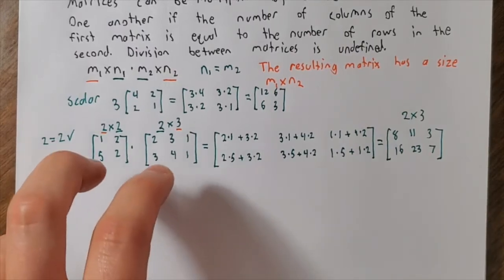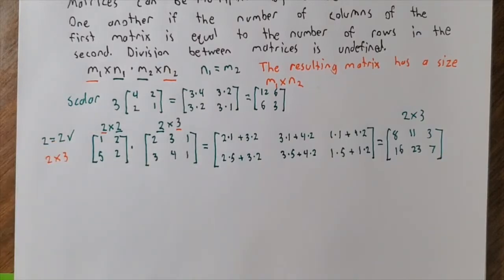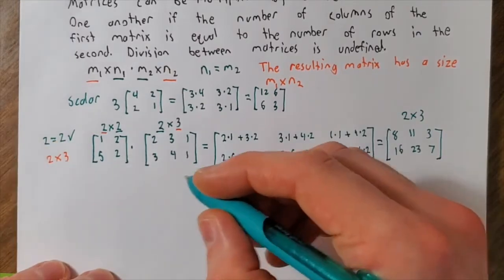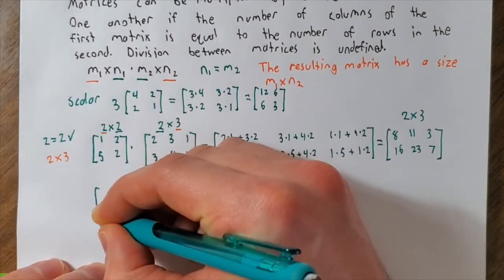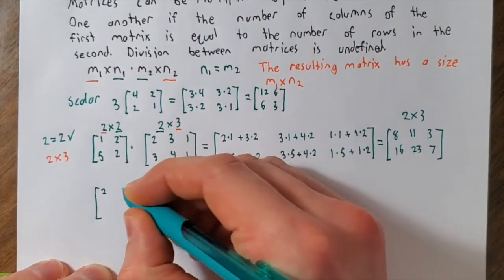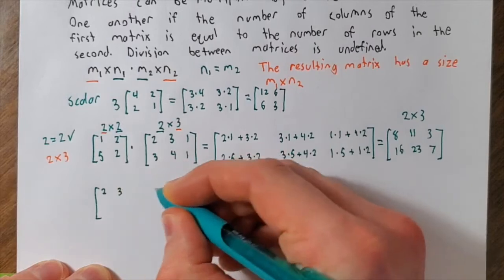Now let's take a look at multiplying these two matrices together in the opposite order. So I'm going to put our 2 by 3 matrix first here.